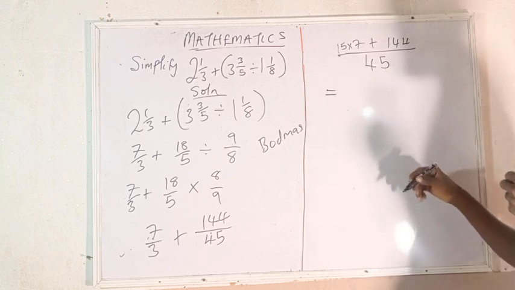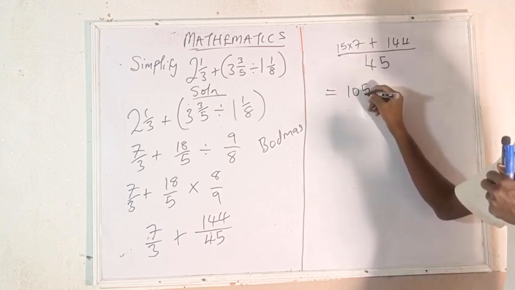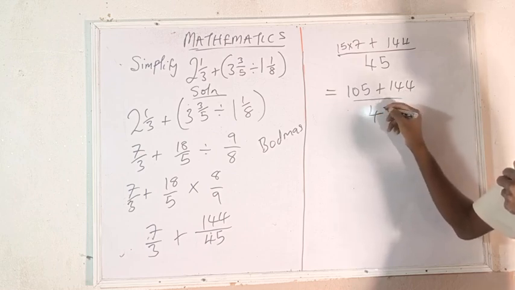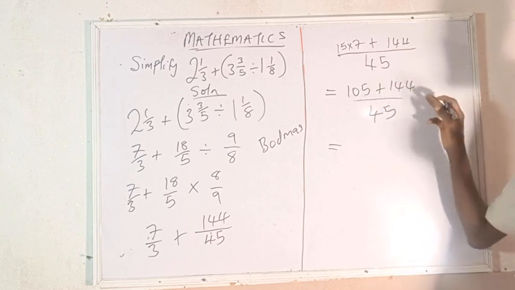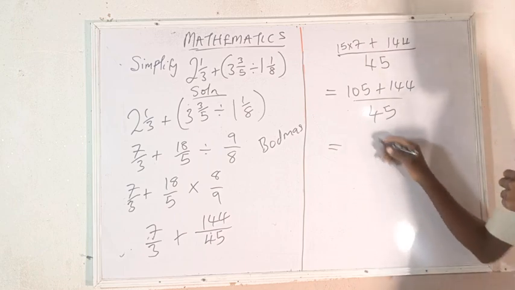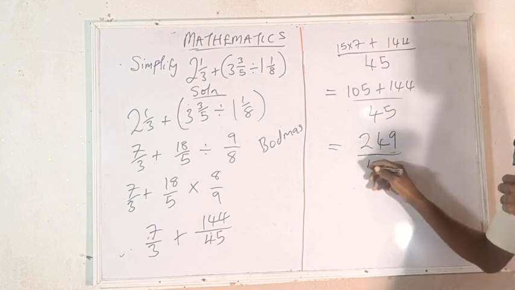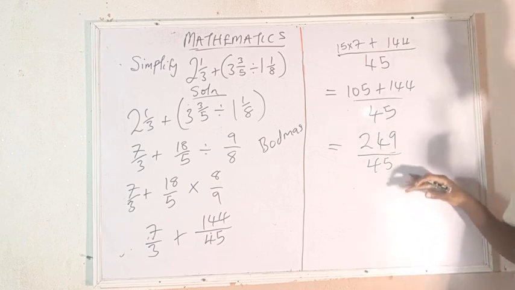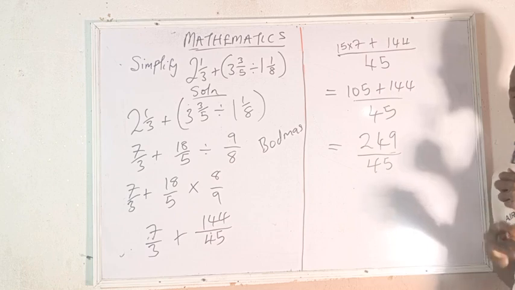This is equals to 15 times 7, that is 105, plus 144 all over 45. This is equals to 105 plus 144. Here you get 249 divided by 45. Now we have to reduce the fraction into the lowest form, that is the lowest term.